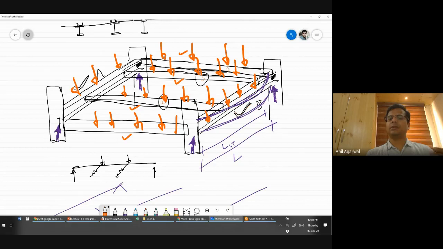So beams 2 and 3 are resting on beams A and B, and then beams A and B are resting on the columns. If I draw the free body diagram of beam A, I will see that there is a vertical load acting on beam A at these two locations where beams 2 and 3 are meeting it. Also, beams 2 and 3 can potentially provide lateral restraint.